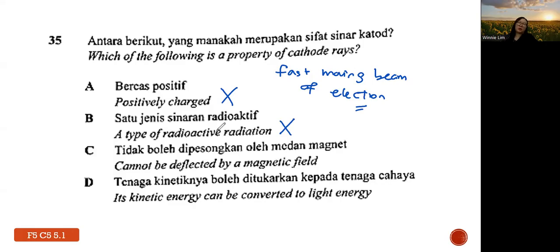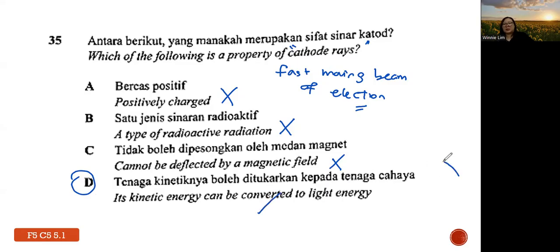What you are supposed to learn in the nuclear energy topic on radioactive radiation, you have alpha particle, beta particle, and gamma ray. And then cannot be deflected by a magnetic field is also wrong. So generally, cathode rays can be deflected by magnetic field and electric field. They are negatively charged, they move in a straight line, they possess momentum and have kinetic energy. Right. So D, yes, kinetic energy converts to light energy.